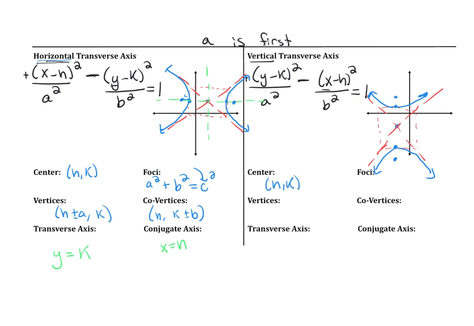To find the foci, same thing, c squared equals a squared plus b squared. Vertices are going up and down, so we have (h, k plus or minus a), and the co-vertices are (h plus and minus b, k). And then these ones switch. The transverse axis is the vertical one, so x equals h, conjugate axis, y equals k.